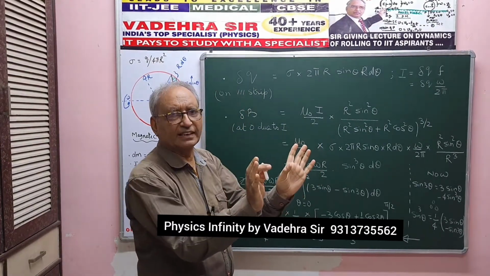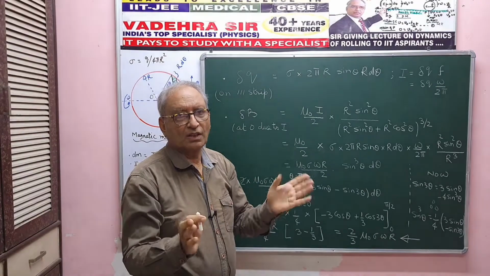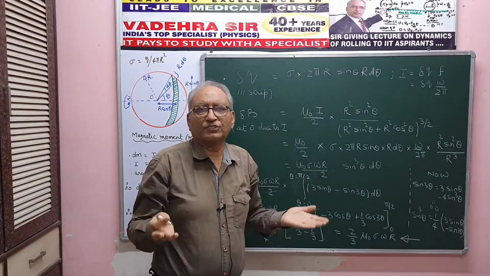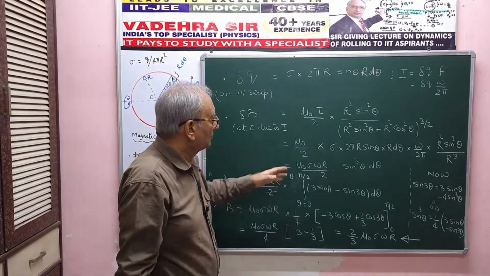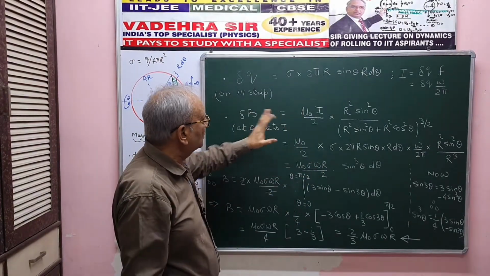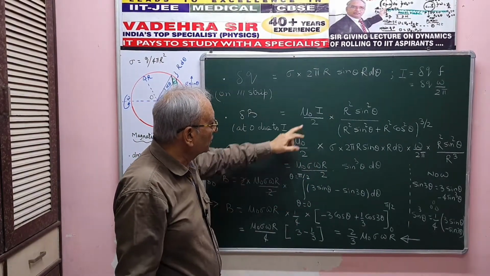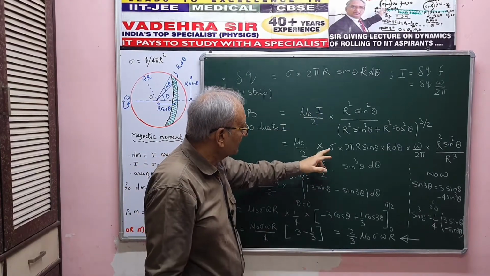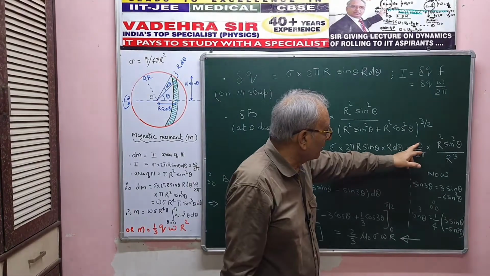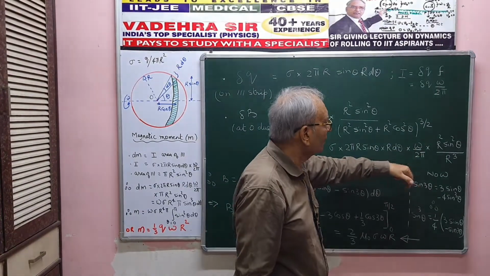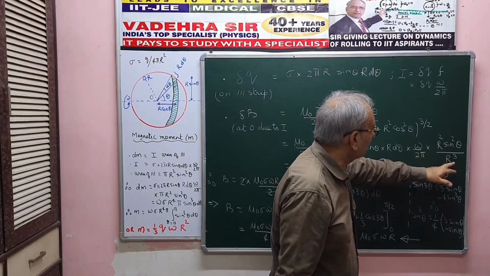A little bit of integration, and you have to be clever. Of course, for the engineering students, JEE Advanced students, well, they do higher maths, that's not a problem. So mu naught by 2, I put the value of I from there: sigma 2 pi r sine theta r d theta, frequency omega by 2 pi, into r square sine square theta by r cube.